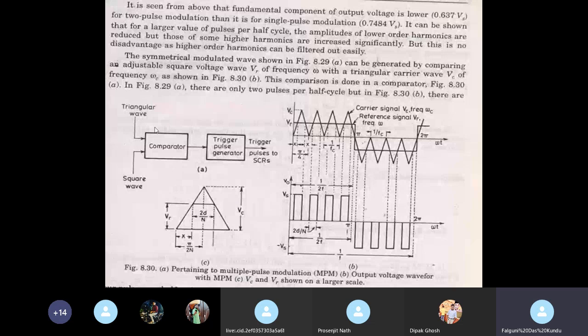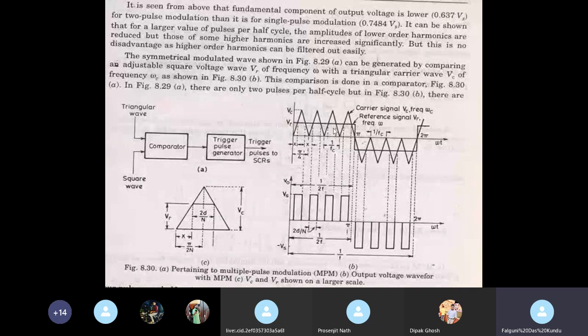And we feed a triangular wave and a square wave to a comparator, then a trigger pulse is generated. After that, we get trigger pulses to the SCR, okay? So this is the output voltage waveform of the multiple pulse modulator, okay? This is a triangular wave which is the carrier signal Vc, frequency omega c, okay?